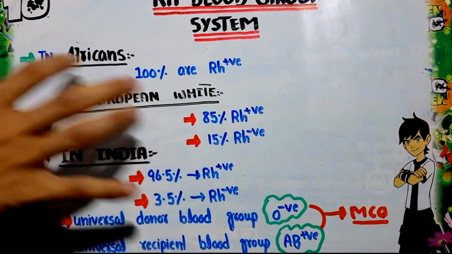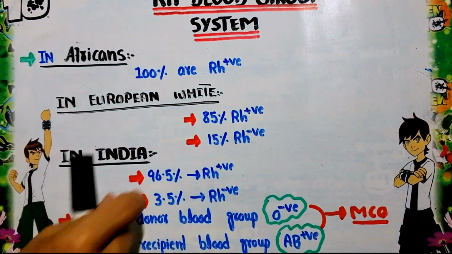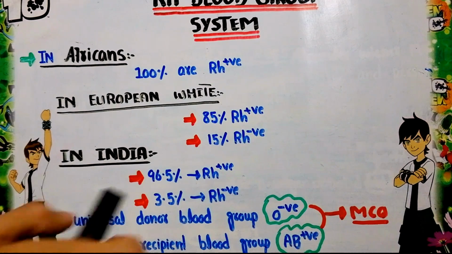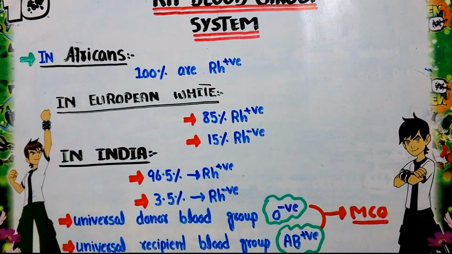If we talk about Indians, 96.5% of individuals are Rh positive, while 3.5% are Rh negative, meaning they have a negative type of blood group.